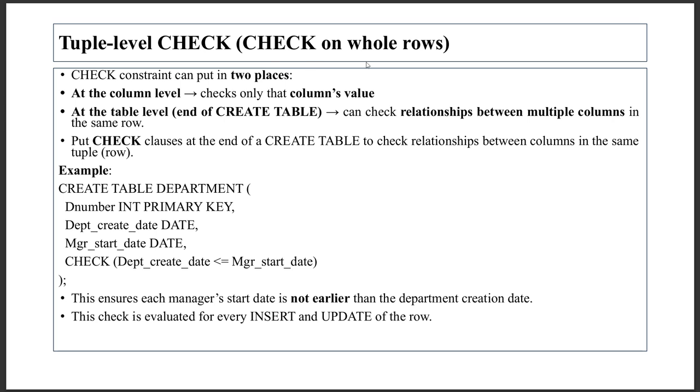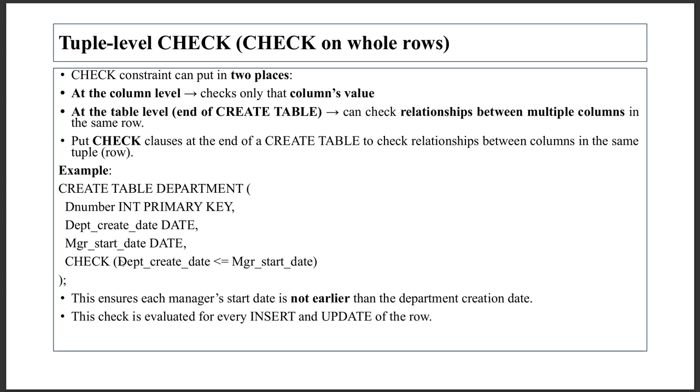Now, tuple level check. As I have already said, during creation of the table itself, we will be performing the tuple check. So create table department. I am creating a new table department. In this department, I will be creating the department number, which is going to be the primary key, department create date, which is going to store values in date format, and manager start date in date format.